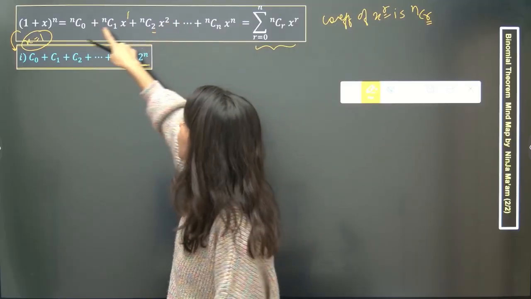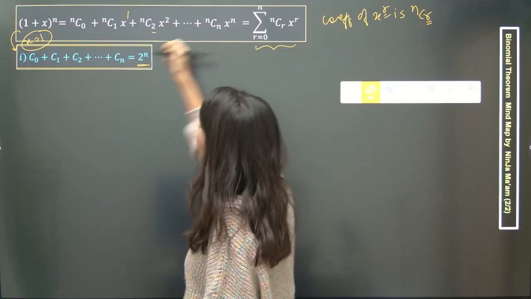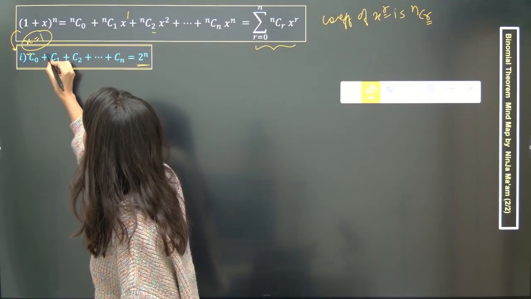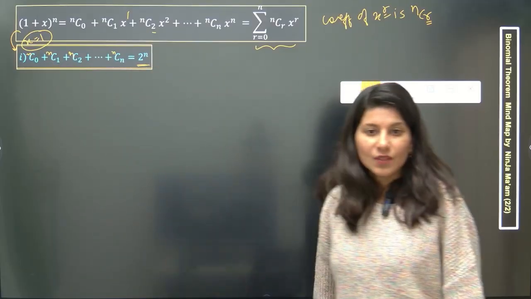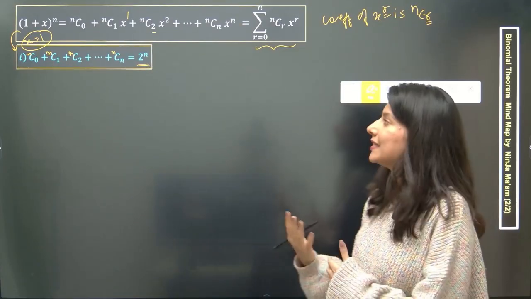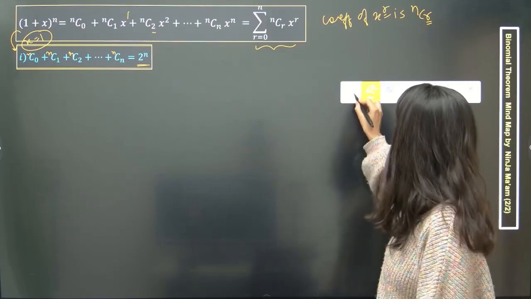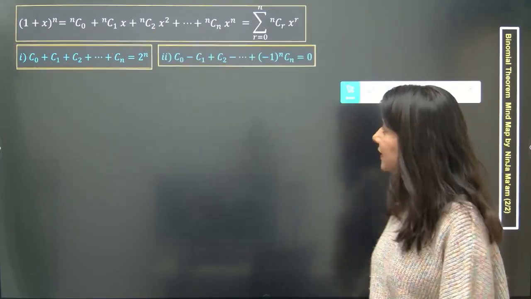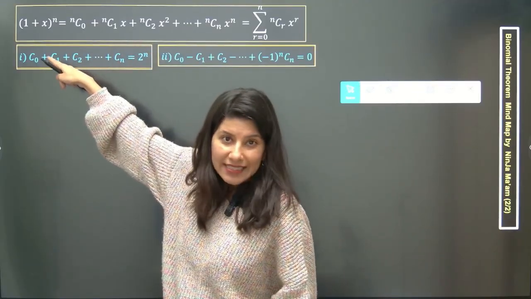The moment you put x equals to 1, you get NC0 plus NC1 plus NC2 and all the way up to NCn equals 2 raised to power n. Okay, clear? Right? Next.